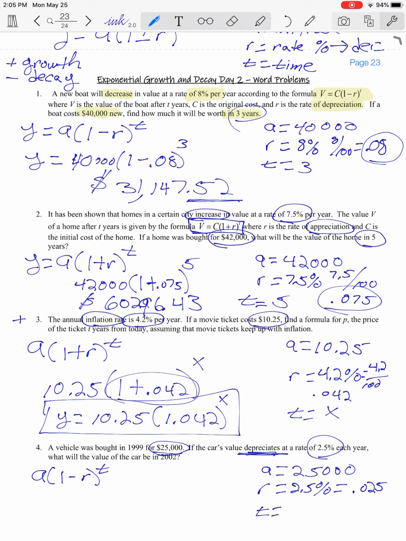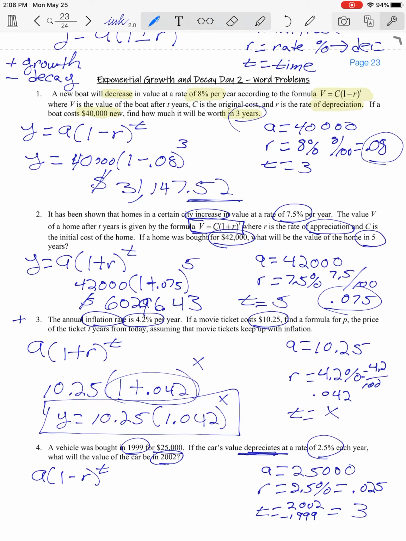Time is a little tricky, but we can figure it out. They bought their vehicle in 1999. The value of the car in 2002. To find the time, you subtract 2002 minus 1999. You're going to get 3.